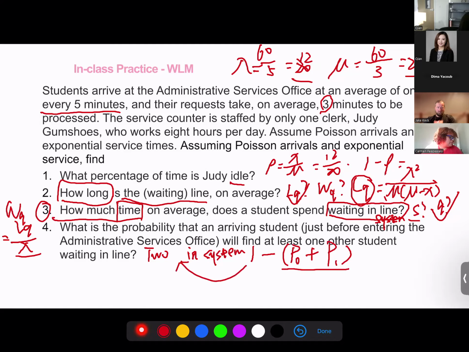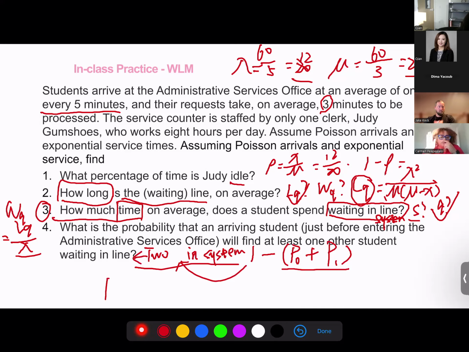Because this is the probability of 0 students in the system, and this is the probability of 1 student in the system. If we use 1 minus those, it means the rest of the probability. The rest of the probabilities will be at least 2 in the system. This is exactly what we are asking for here.